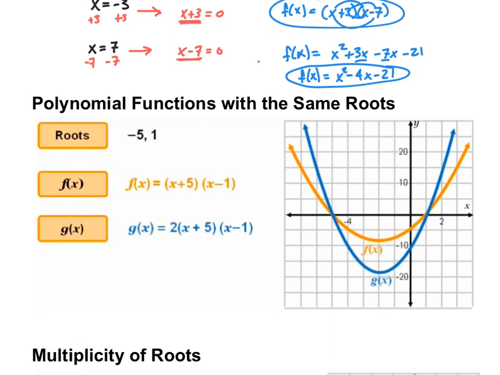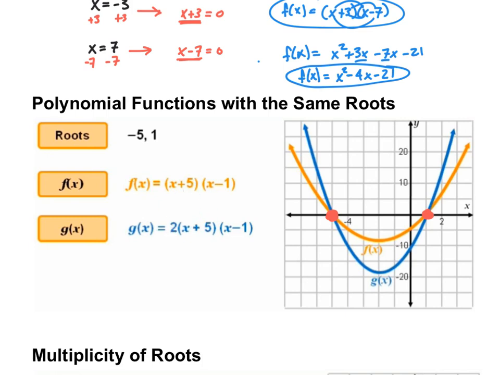But there's a little bit of a discrepancy here. Let's say that we have the roots -5 and 1. Just to clarify, this means that we have those points on our x-axis as x-intercepts at -5 and 1. Now we can have a various number of polynomials here.